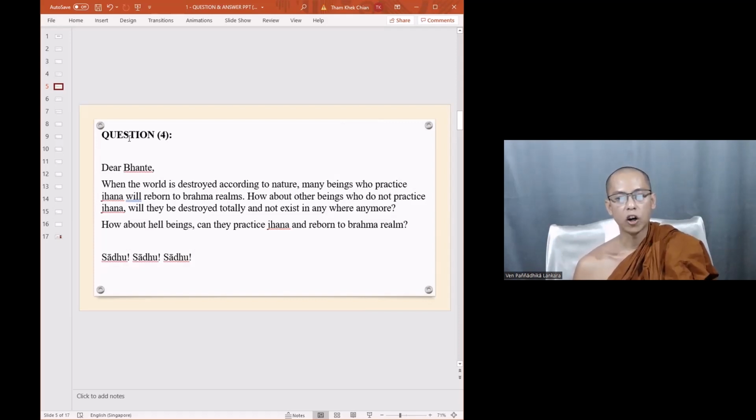And many of the beings practice up to the jhana level and are born in the Brahma realms. Then some beings may remain there and they are destroyed together with the other materialities of the world.